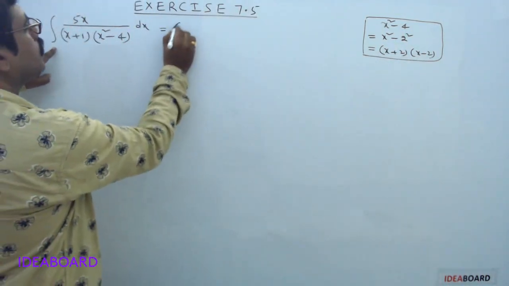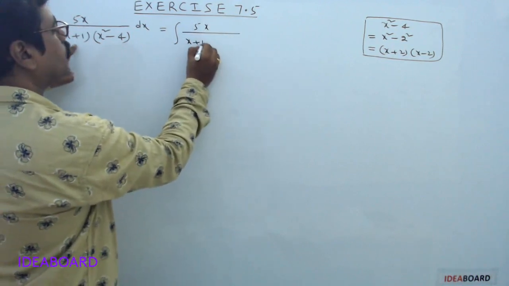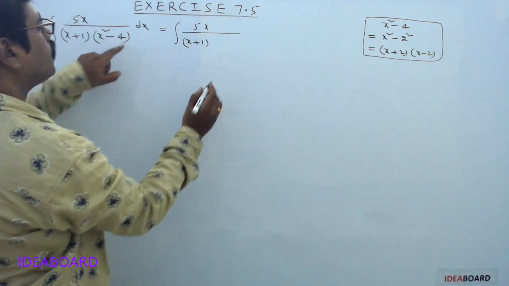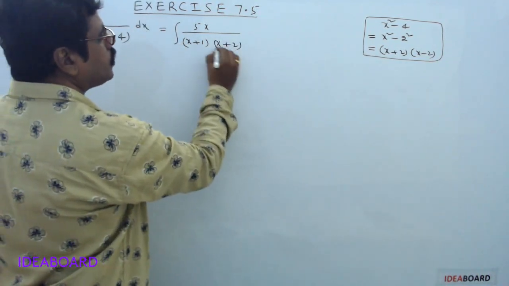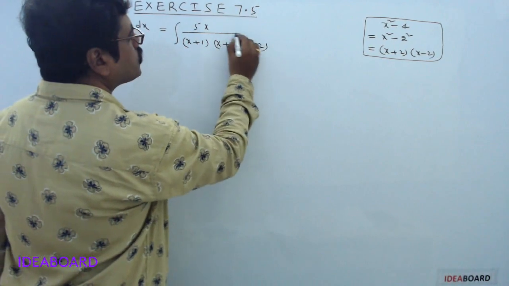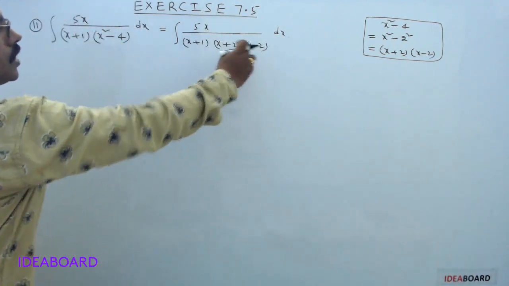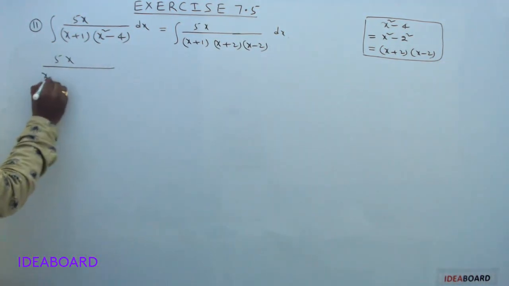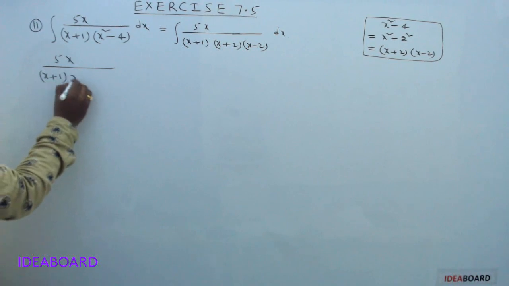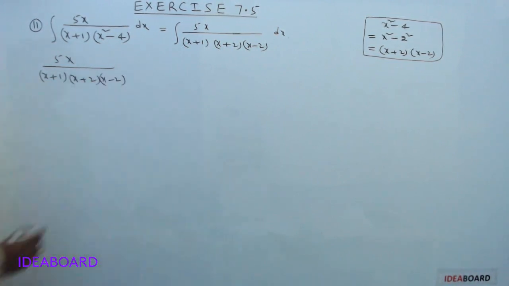Now this is integral 5x divided by (x plus 1) into, in place of x square minus 4, you can write down the factors (x plus 2) into (x minus 2) dx. Now take this integrand separately: 5x divided by (x plus 1) into (x plus 2) into (x minus 2).